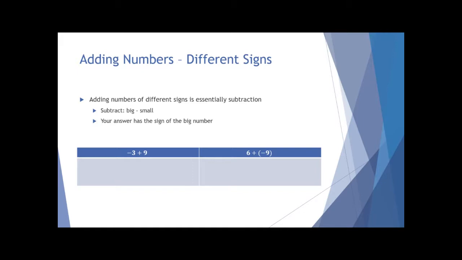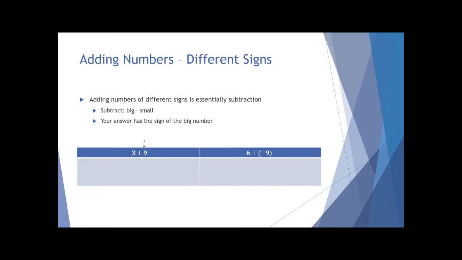I have two examples here to demonstrate this. On the left, I have negative 3 plus 9. This is basically a subtraction problem of 9 minus 3, because 9 is bigger than 3. 9 is the positive number, or the bigger number, and because 9 is positive, our answer is going to be positive.